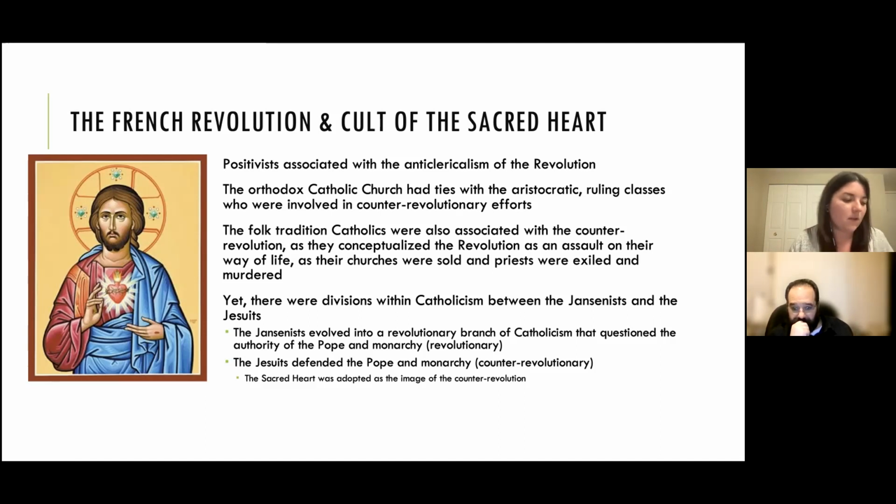So ultimately what happens is, although the Jesuits, again, the Catholics that were in favor of the Pope and the monarchy, were forced underground during the revolution, they were ultimately reinstated to power. And the Jansenists, again, these more revolutionary Catholics who were critical of the Pope, were ultimately condemned as heretics and eliminated after the revolution.